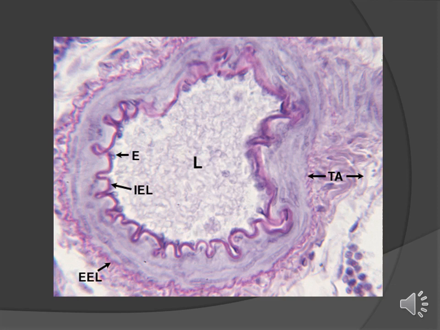The tunica media contains few elastic fibers because the major component of this layer is smooth muscle cells, which are not visible in this staining.